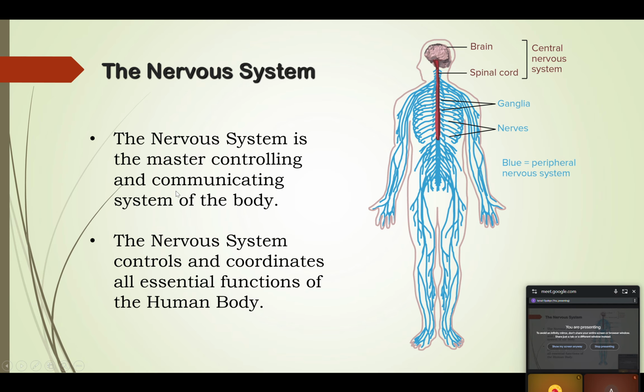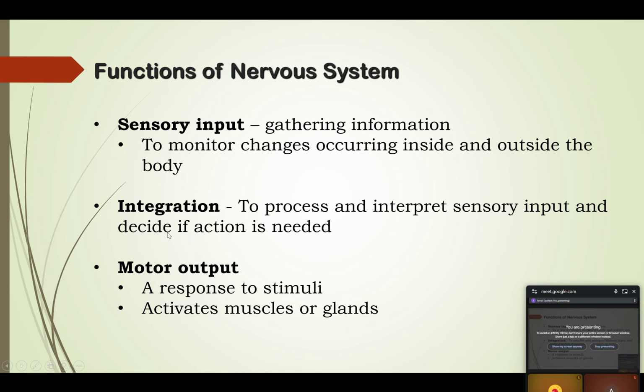So just know the function of the nervous system, the controls and the coordinations. What are the functions of the nervous system? One thing is that you have the sensory input, you have the center of integration, and then you also have the motor output.